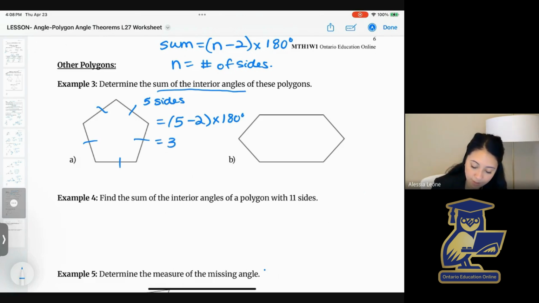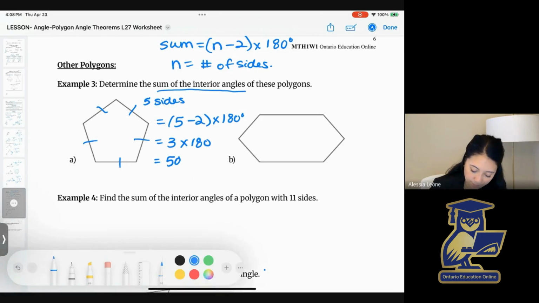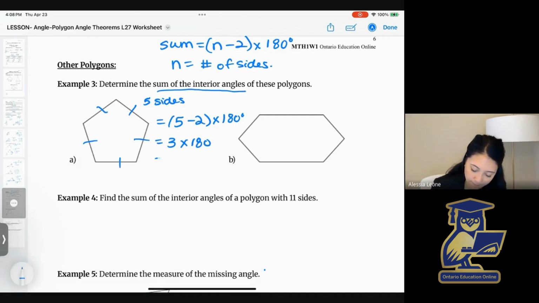So that would be 3. So we know the sum of the interior angles of this polygon is 540. The total number, if we add all those interior angles together in this polygon, is 540.